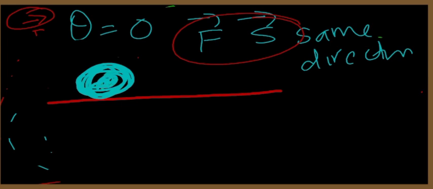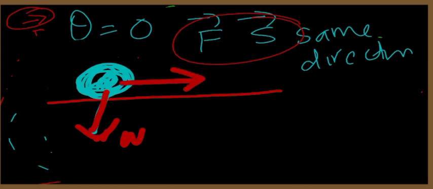This is our ball and it is rolling on a horizontal surface. Here you can see the weight of the ball acting on the surface is downward, right? But the displacement of that ball is along the direction of that horizontal surface, right?